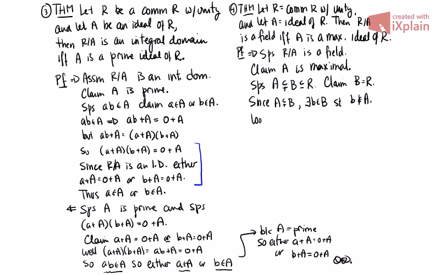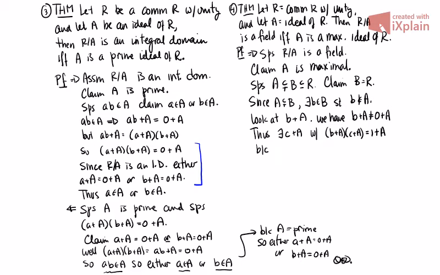So now look at b + A, the coset of the ideal A. Since b is not in A, we know that b + A is not 0 + A, and therefore b + A has a multiplicative inverse in the field R mod A. So in other words, there exists some c + A with (b + A)(c + A) = 1 + A. This is because R mod A is a field.